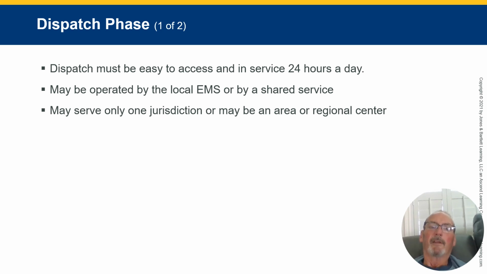So they may serve only one jurisdiction or they may have a regional center. A regional center would be like a big, say, supersized Walmart. And inside there, it's divided into 4 categories: police department, sheriff's department, fire department, and EMS.